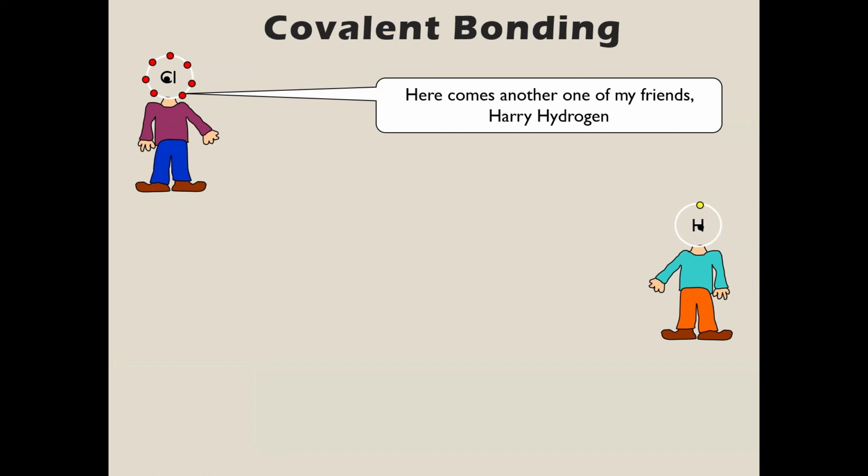To form hydrogen chloride or hydrochloric acid, hydrogen will bind to chlorine and they form a covalent bond where the single electron in hydrogen will be shared with an electron from chlorine.